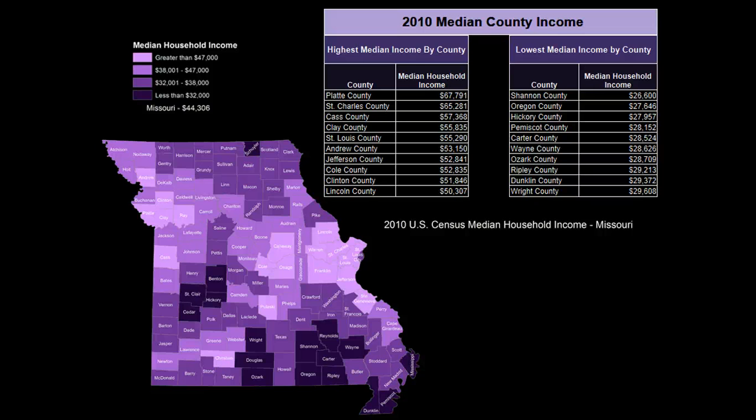So let's suppose Bill Gates decided he wanted to take up residence in St. Louis County. His income alone would skyrocket the average household income in St. Louis County, even though he's only one person. So the median household income is a much better description of what a center income would be.